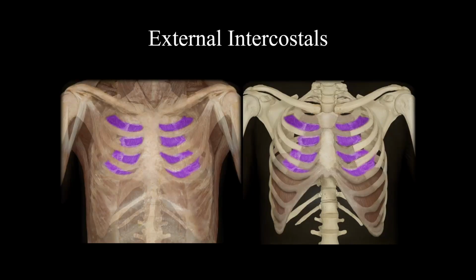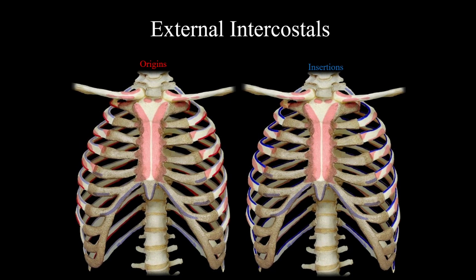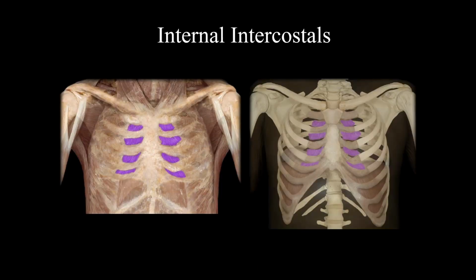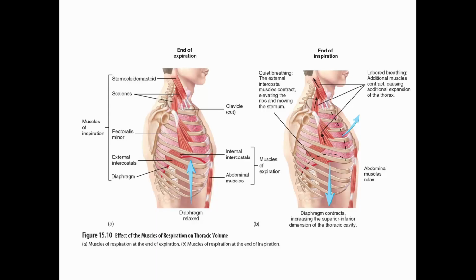You have your external intercostals that aid the diaphragm in inspiration, and you have your internal intercostals, which perform the act of expiration. These are the connectivity of the muscles during inspiration and expiration.